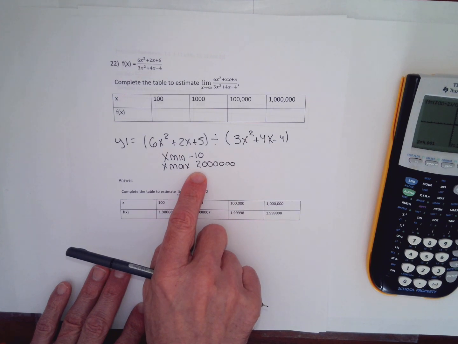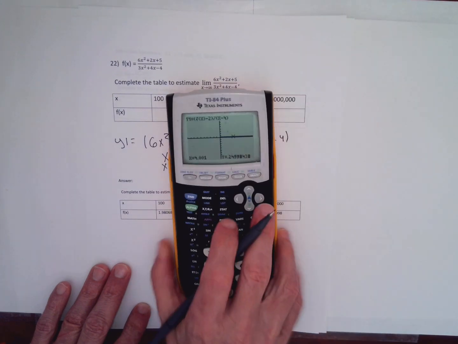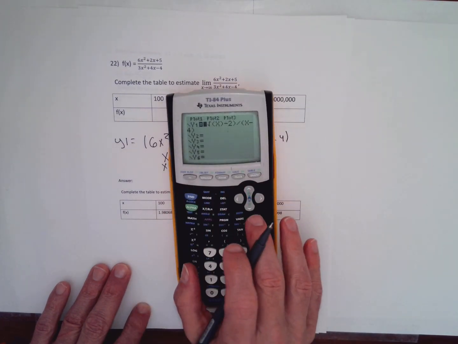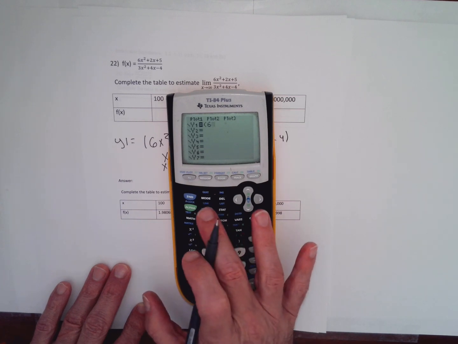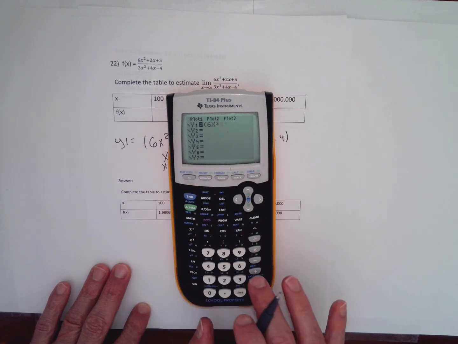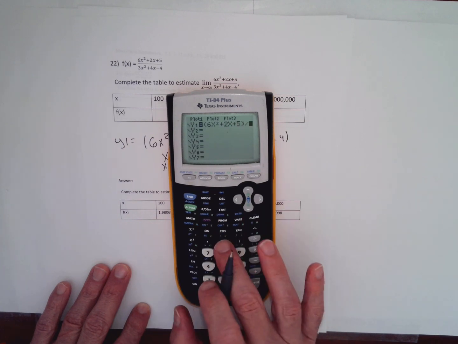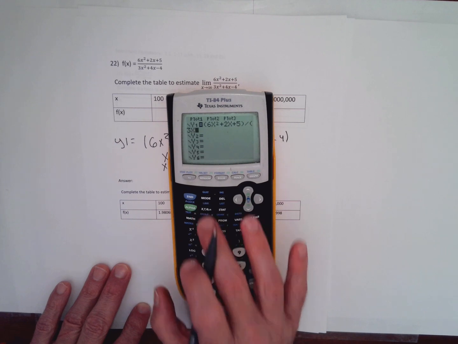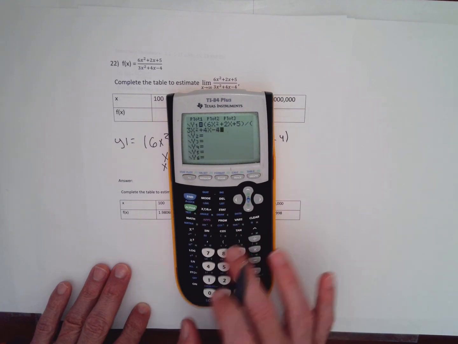If you just kept the negative 10 to 10 window, you'd get errors all along. So real quickly now, y equals, clear, parentheses 6x squared plus 2x plus 5 divided by parentheses 3x squared plus 4x minus 4.